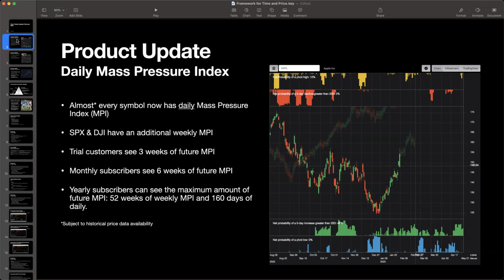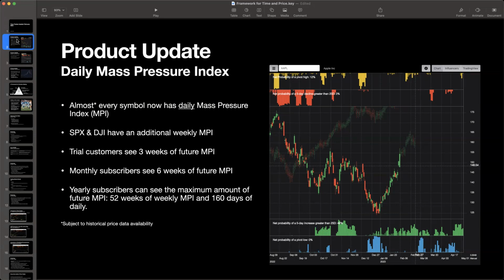The mass pressure index, I've found, is very, very helpful in providing a potential future path of price. And it's nice to see when it aligns with the daily forecast probabilities that are on the chart. Now, of course, it's never going to be perfect, but that's not the point.